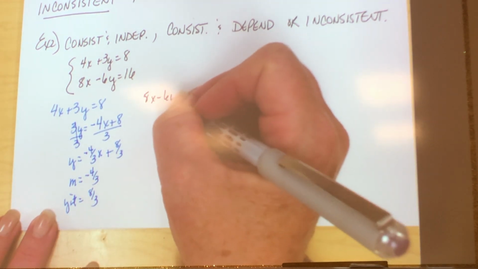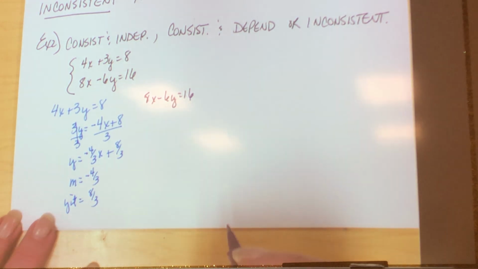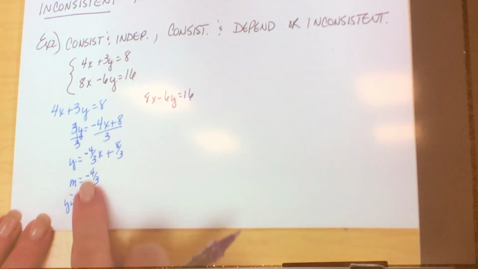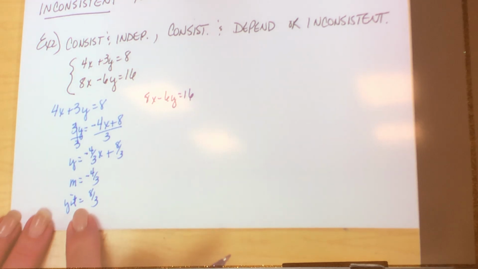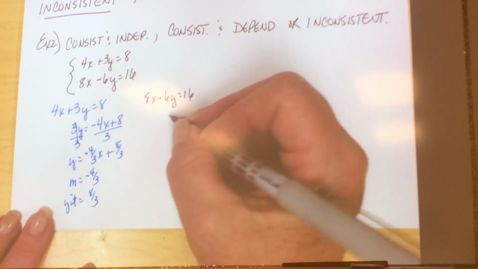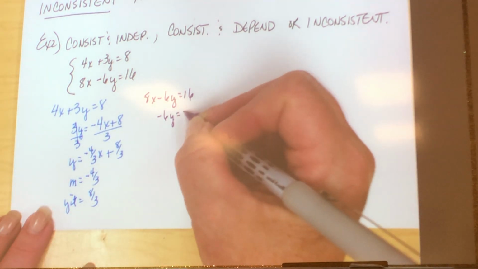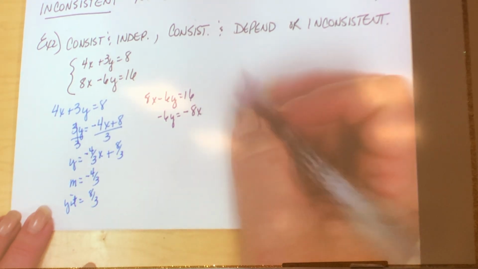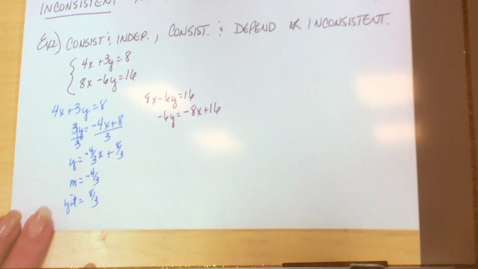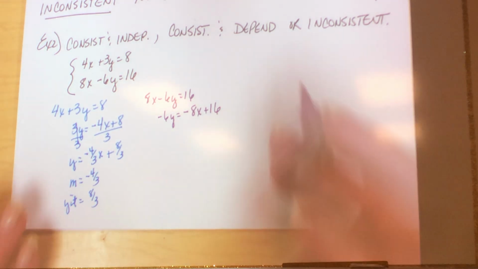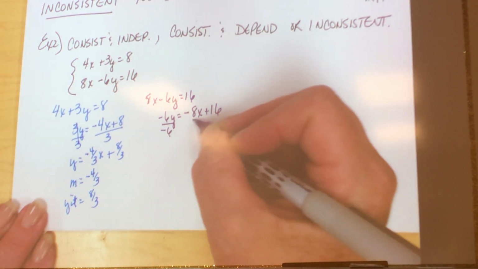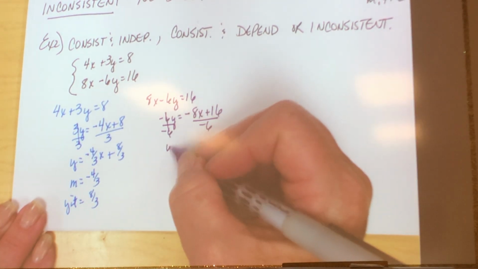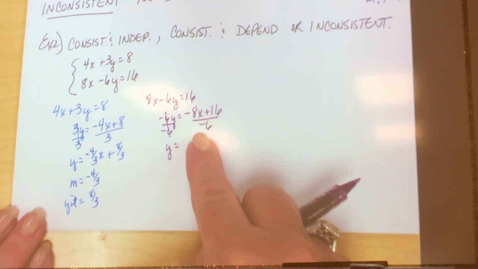Okay? So now we'll look at this next guy. 8x minus 6y equals 16. Y'all, even if I were graphing it, this is what I would want to see. Do you understand that? Okay. So, negative 6y is equal to, move that 8x over here and it becomes negative 8x plus 16. Now what do? Divide by negative 6. And y is equal to, what's a negative over a negative?